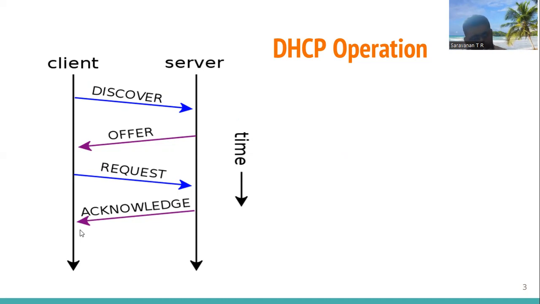In that DHCP offer, you'll have the client MAC address, the IP address of the server which is offering, the IP address allocated to the client, the subnet mask, and how long the IP address can be used. This information will be provided.